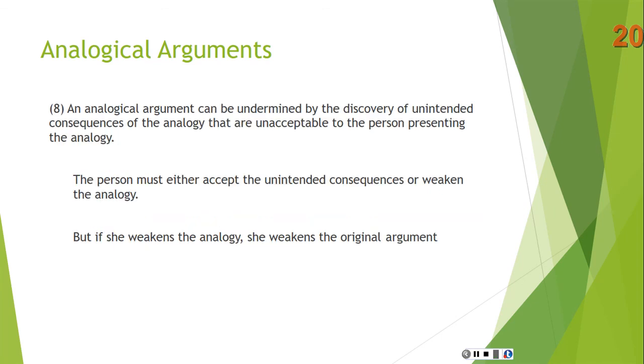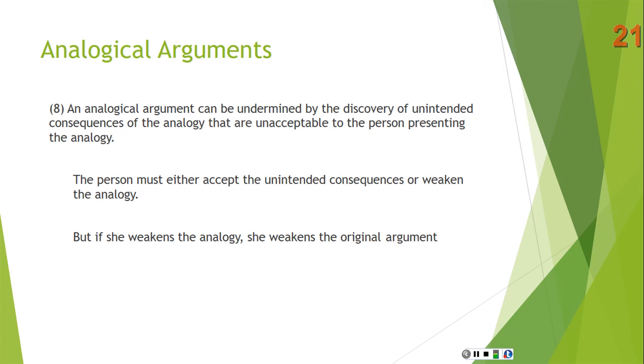Now, the eighth way to analyze an analogical argument: an analogical argument can be undermined by the discovery of unintended consequences of the analogy that are unacceptable to the person presenting the analogy. Someone gives an analogical argument and you say, if that argument is strong, it has the following consequences.